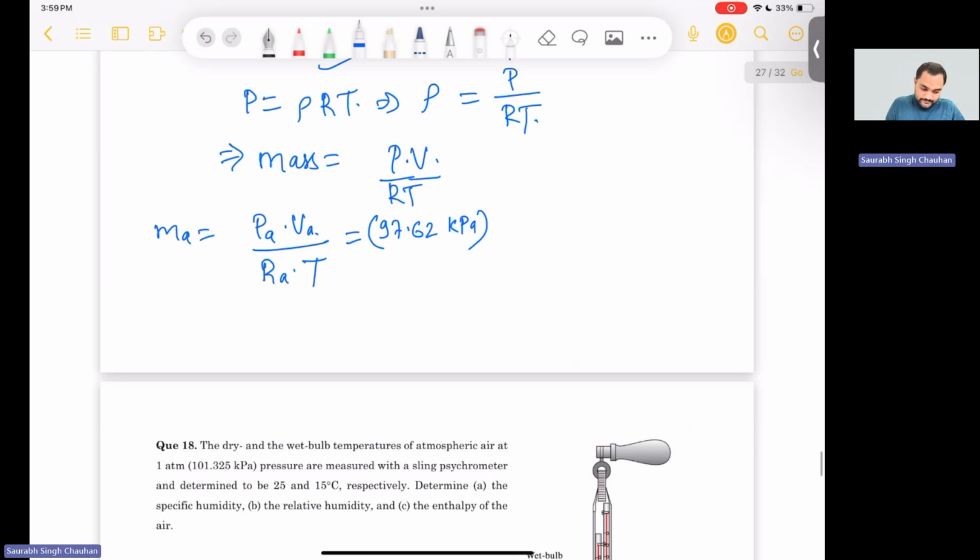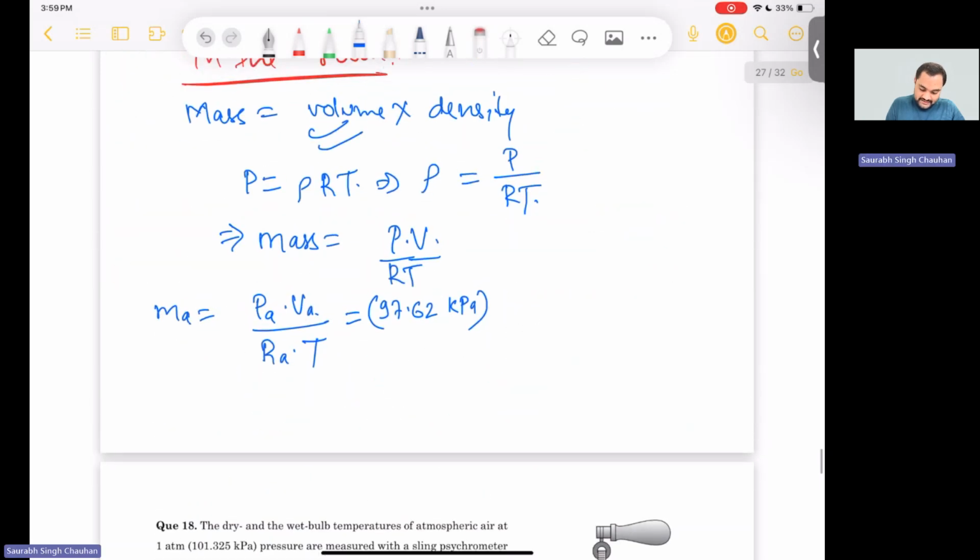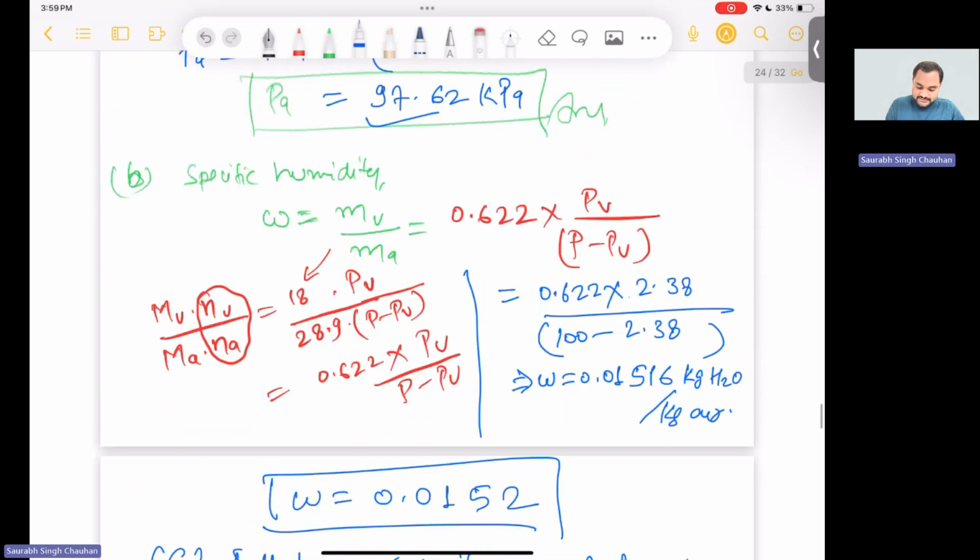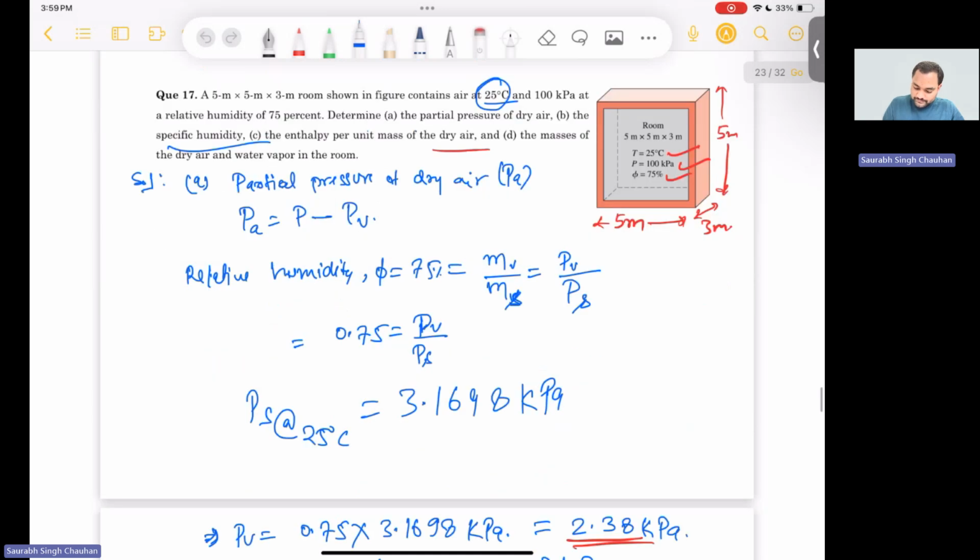Volume of dry air will be the same as the volume of this room, that is 5 into 5 into 3, so that is 75 meter cube.